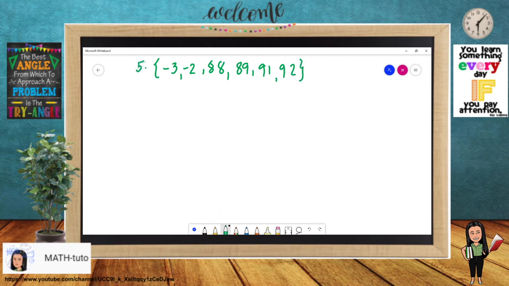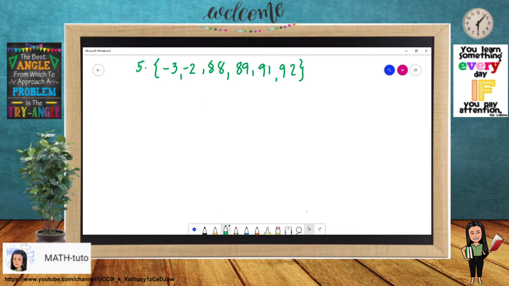So, as you can see in number 5, the interval is by 1. But negative 2 is very far from 88. So, if we will draw negative 2 to 88, that will be very long and we will have to write a lot of numbers. That's why, in that case, okay, let's draw a number line first.